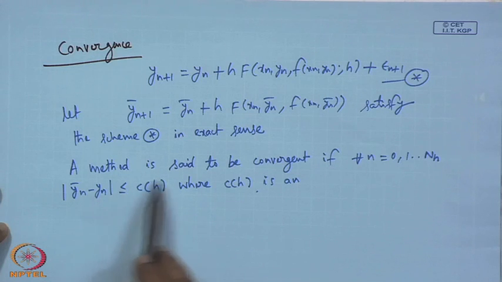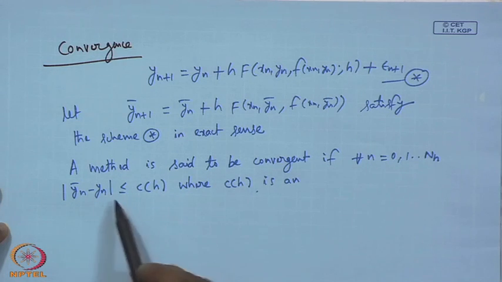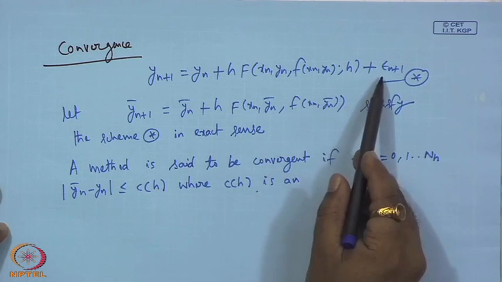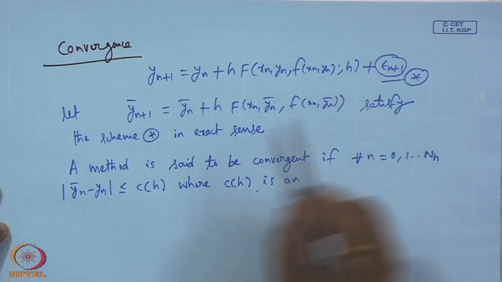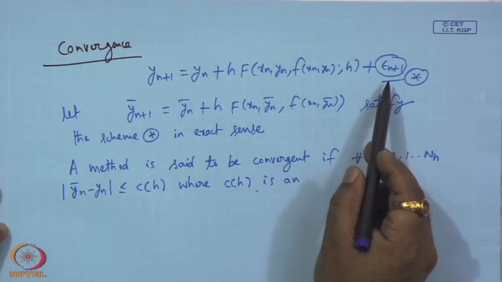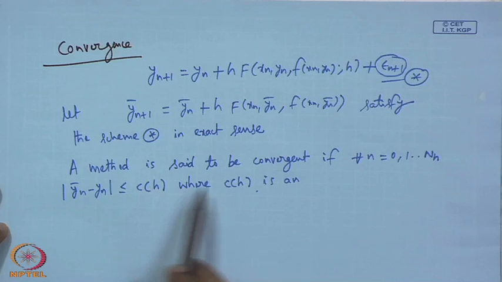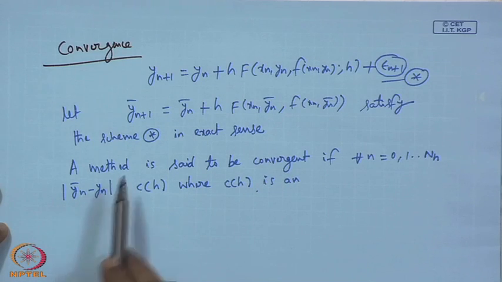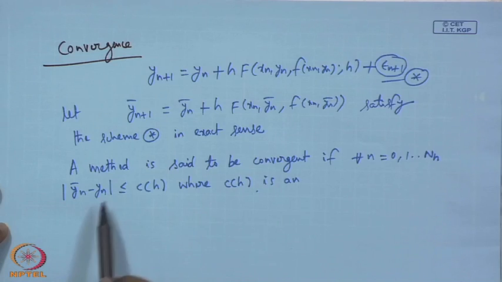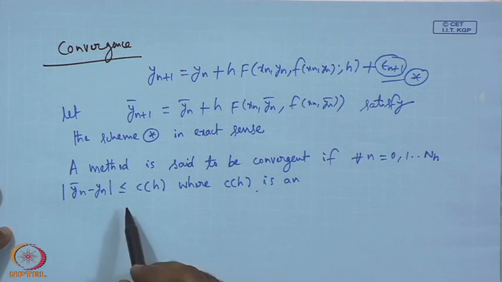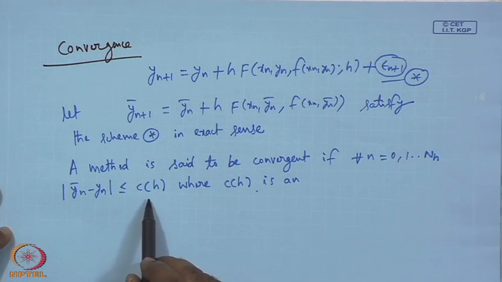So, then a method is said to be convergent, when we obtain, you can see, with the corresponding error into consideration. So, a method is said to be convergent if the difference between the exact solution of the approximate scheme and the actual one obtained after considering the error is less than or equal to C of h.